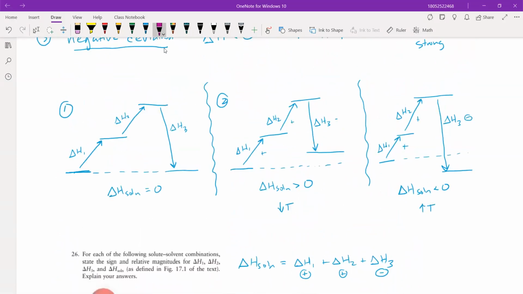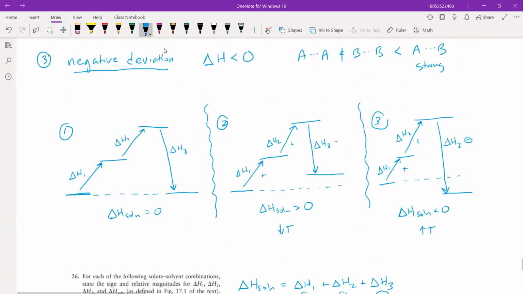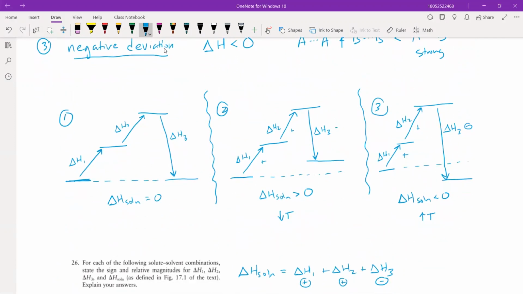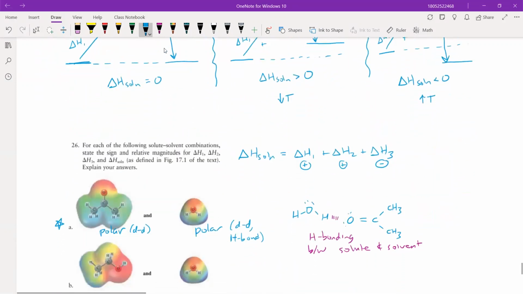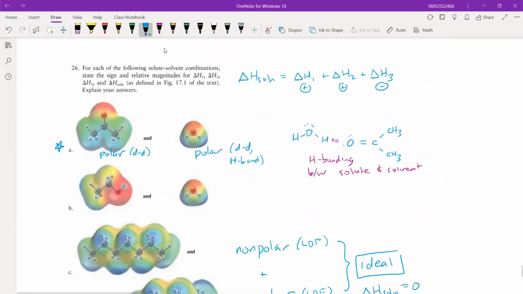So I forgot to put a 3 here, the third scenario, the negative deviation, where in that third step of combining those two, you get extra energy coming out. These things really bond nicely, whatever analogy you want to come up with. They like each other, right? They get along. So that third step gives off more energy than the first two combined.